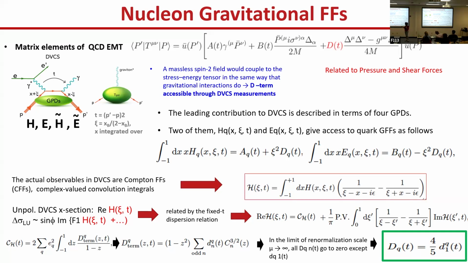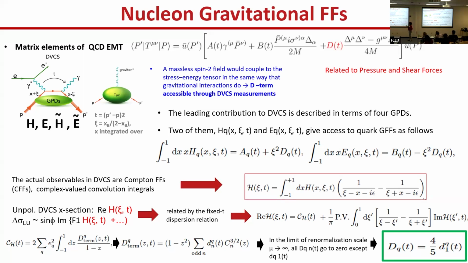These three variables are t, again, the momentum transfer from P to P prime; xi, which is defined as x Bjorken divided by 2 minus x Bjorken, and this is the other variable that we can measure; and then there is a third variable, x, which is not x Bjorken. And x is integrated over. We cannot access x experimentally.